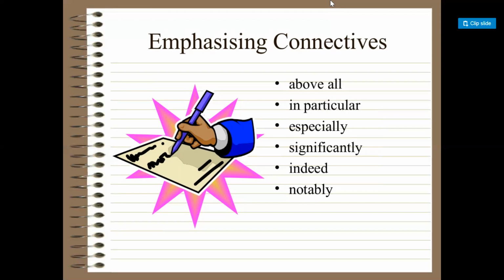Why we have to work hard has been emphasized here, so that we can top the class when we work hard. Some more examples are above all, in particular, significantly, indeed, notably, on the whole, etc. These could be the probable examples for emphasizing connectives.